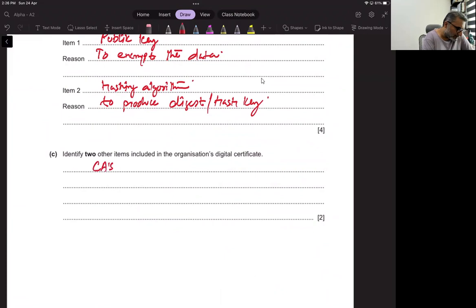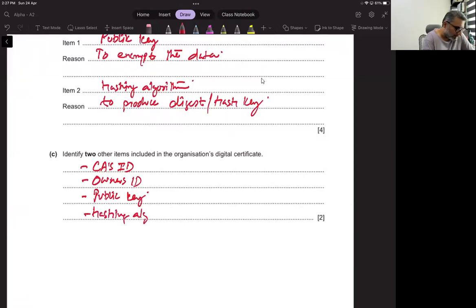CA's ID, owner's ID, expiry date, public key, hashing algorithm.